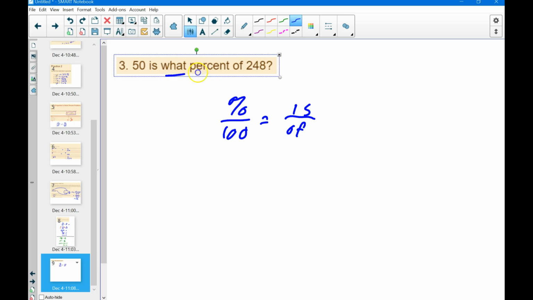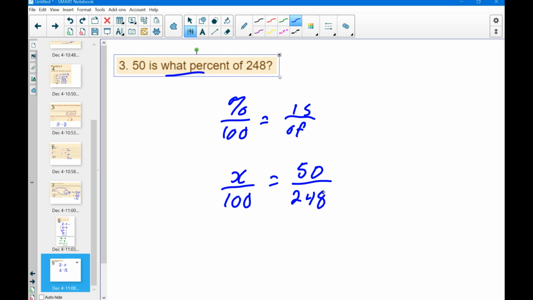It's looking for the percent, so that's going to be our x value. 100 goes down here. The 50 is the is part, and the 248 is the of.